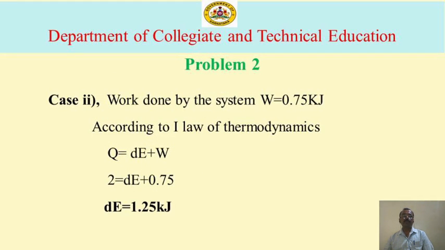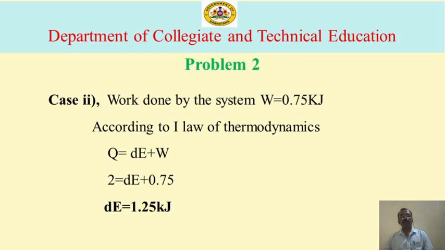In the second case, work done by the system W is equal to 0.75 kilojoules. According to the first law of thermodynamics, Q is equal to delta E plus W. So Q is 2, that is equal to the unknown change in internal energy plus 0.75. Here work is positive because work is done by the system.